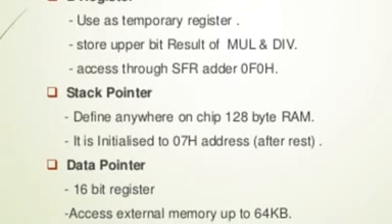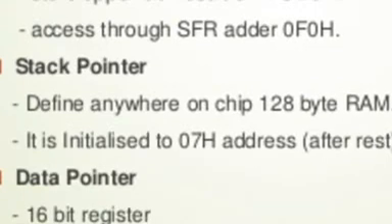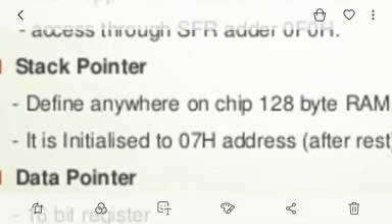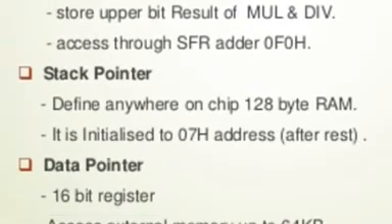Now whenever I start to store data on the stack, this SP will increment first, from 07 to 08. After incrementing by 1, the value is stored on the stack. That means if it is pointing towards 08, the value is stored at the 08 location.